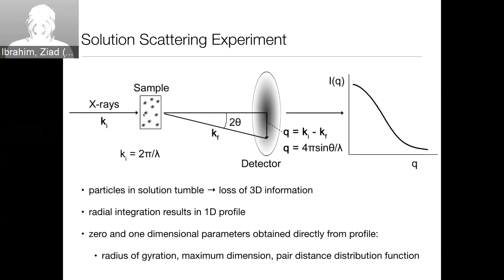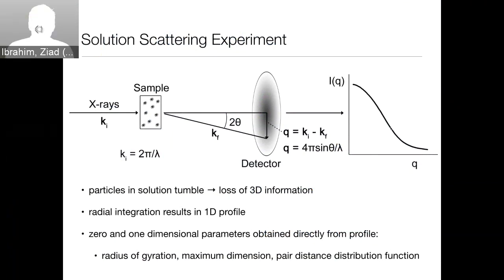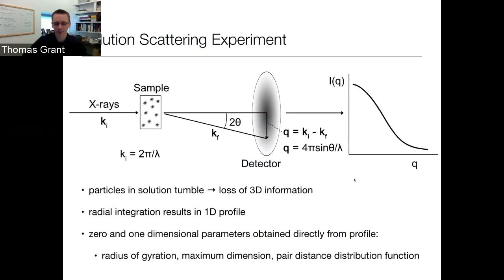And because the particles are all randomly oriented, floating around in solution, they tumble, and they scatter the intensity in all directions. And so you end up with a scattering profile that's isotropic, and so you can radially average this profile on a 2D detector to give you a one-dimensional scattering profile of intensity as a function of Q, where Q is effectively the angle, what we call the momentum transfer.